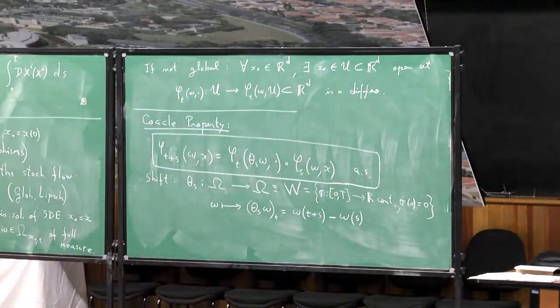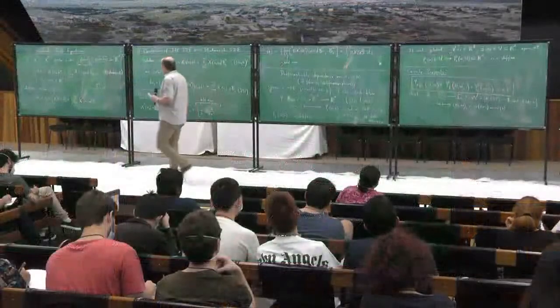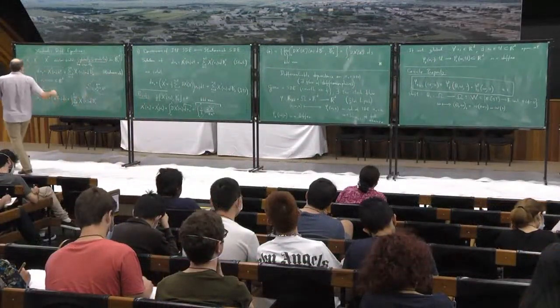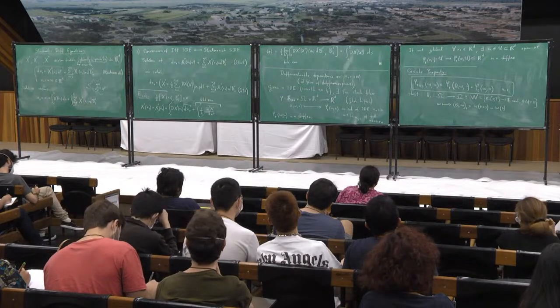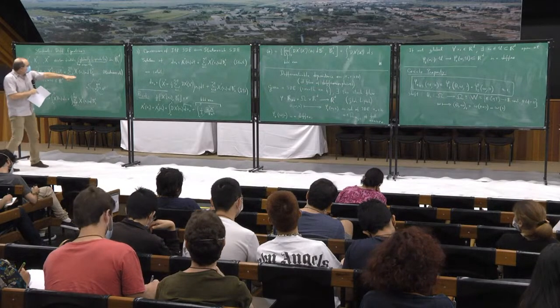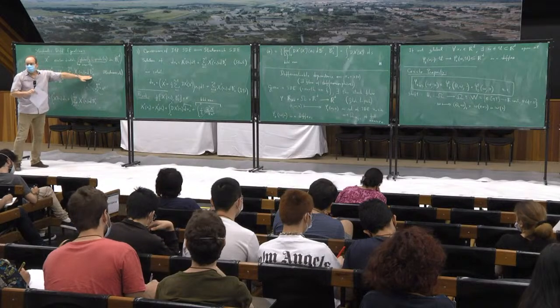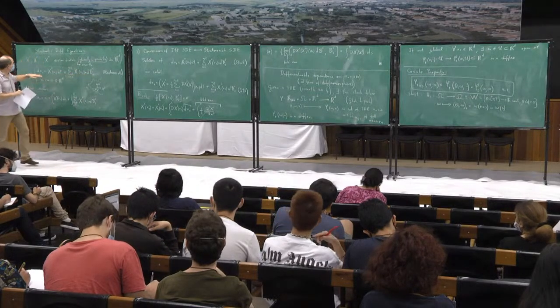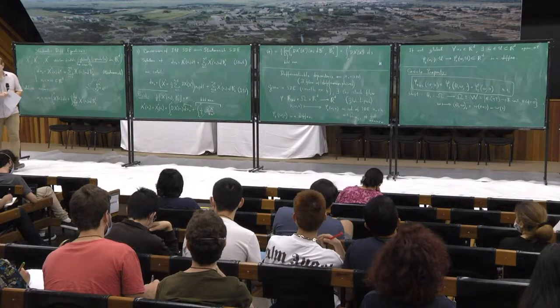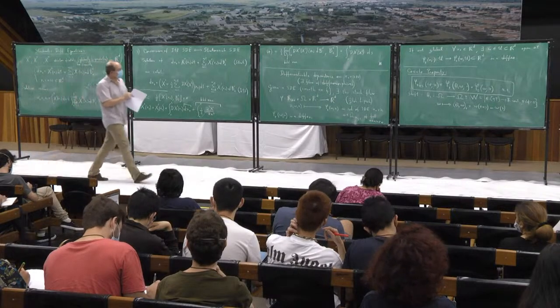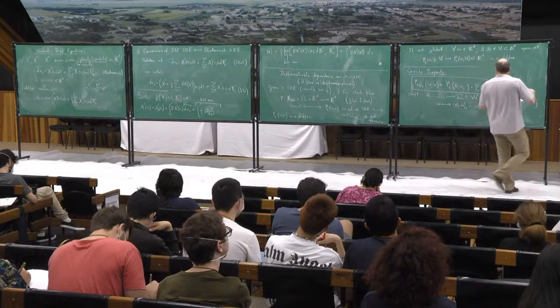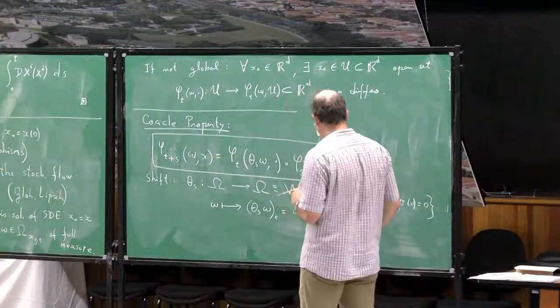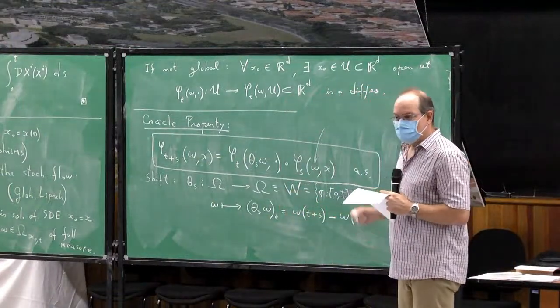So mind that if we have a look at this as a dynamicist, we are looking at the semimartingale as a controller of the solution xt. So what we are doing here in this cocycle property is that omega is the controller.